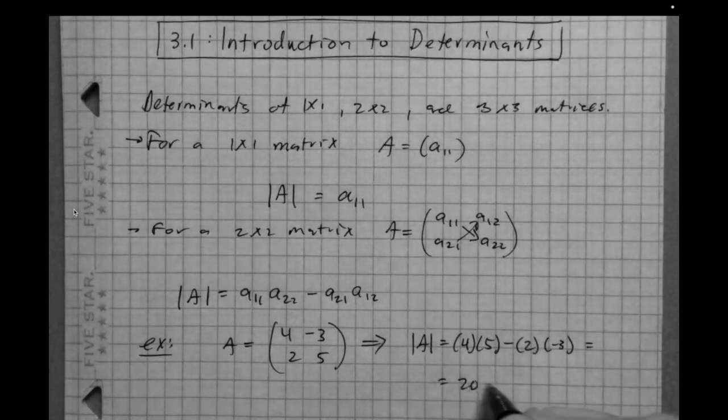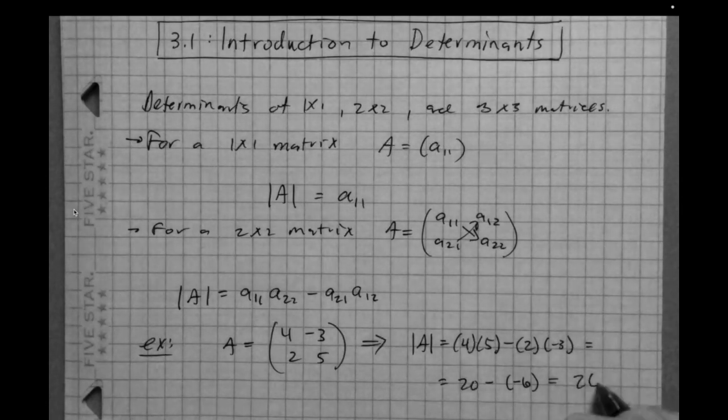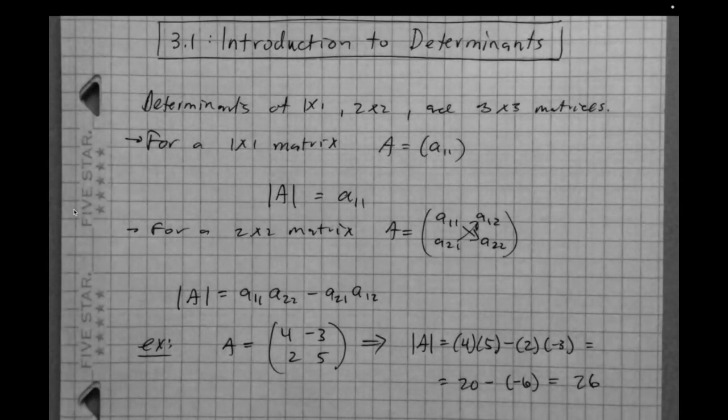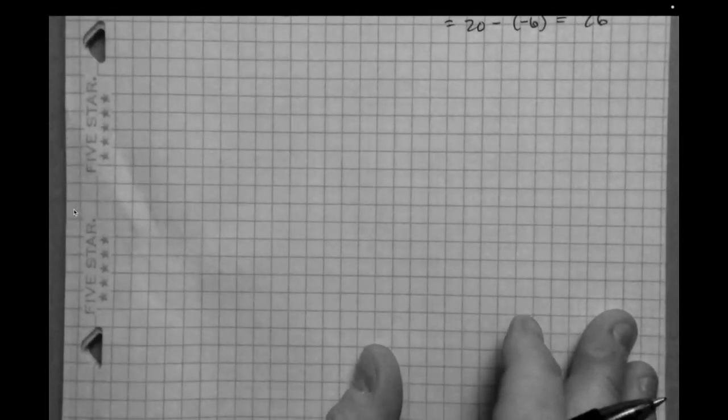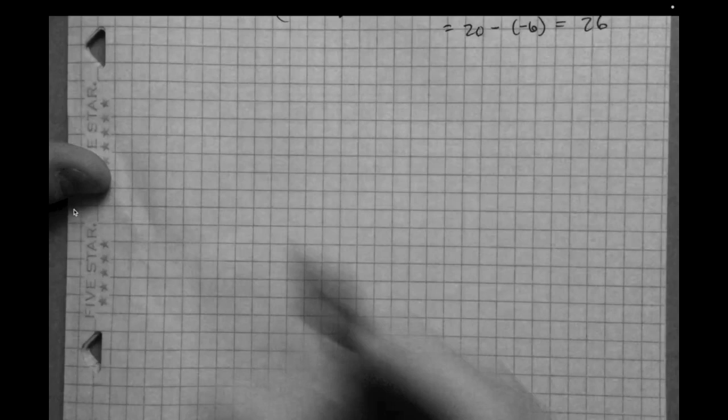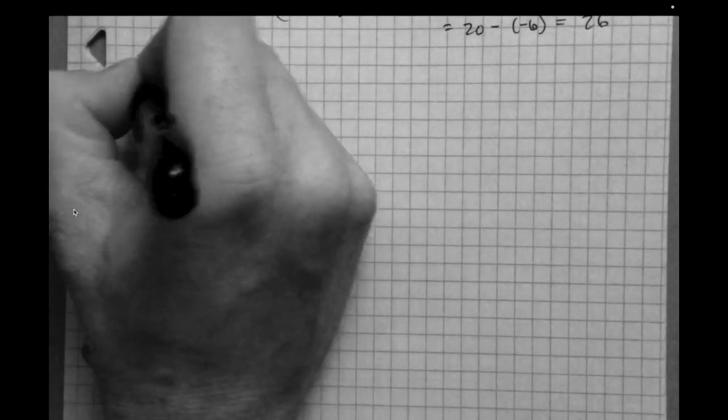Right, so it's going to be 20 minus -6, so 26. Okay, so that's the case with the 2 by 2 matrix. So again, we've seen this one. The 1 by 1 is trivial, 2 by 2 we have seen. So let's jump to the 3 by 3 next and see how to calculate this magical determinant number in the case of a 3 by 3.